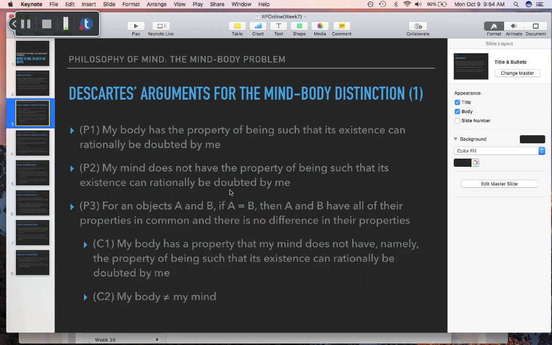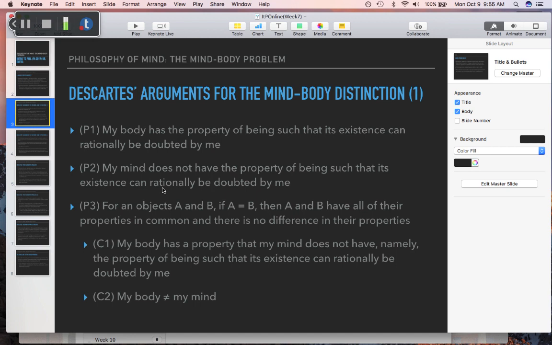However, in the first argument, he's talking about being rationally doubted. So that is not an intrinsic property. That's a property that requires two things to exist, right? Rationally doubting something is taking a perspective towards it. And so there has to be the perspective taker and then the thing of which it is taking a perspective, okay?